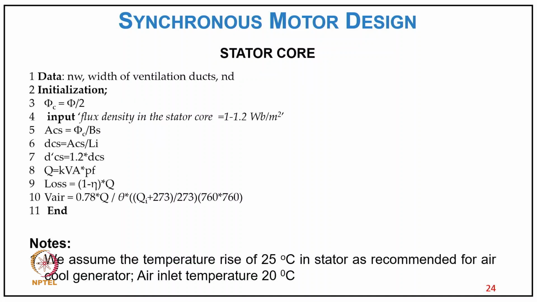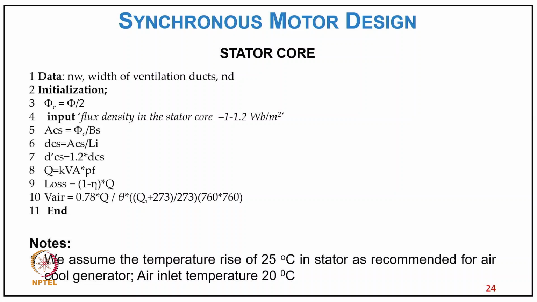Now coming to stator core, data given is NW, width of ventilating ducts ND, initialize phi equal to 5 by 2. Input is flux density in the stator core equal to 1 to 1. ACS equal to phi C upon BS, and DCS equal to ECS upon Li, and DCS dash equal to 1.2 into DCS.